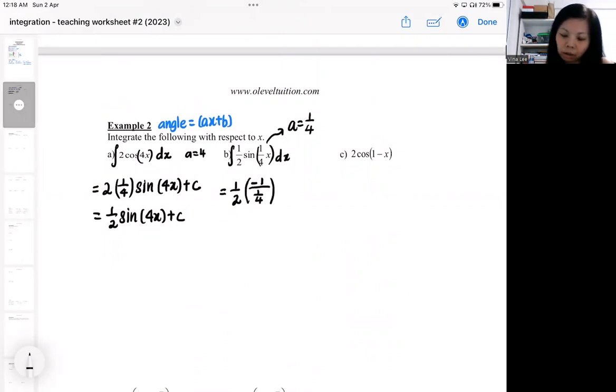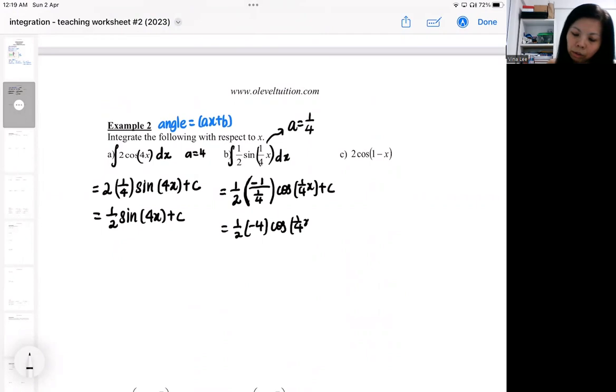Don't try to do it mentally; put it down properly. And then it becomes a cosine 1/4 x plus c. From here, you can try to work it out carefully, and that will be your final answer.